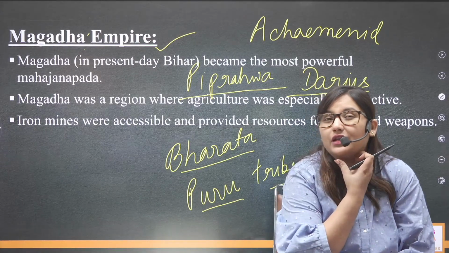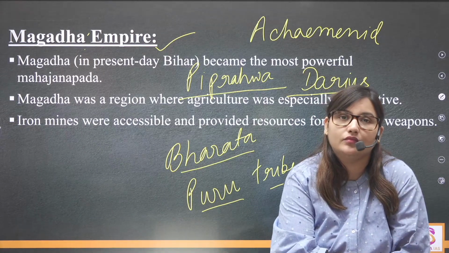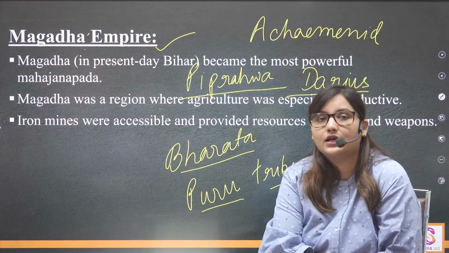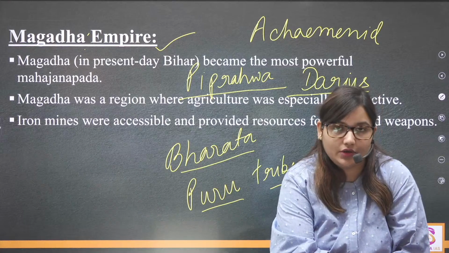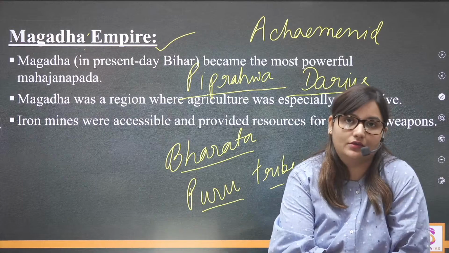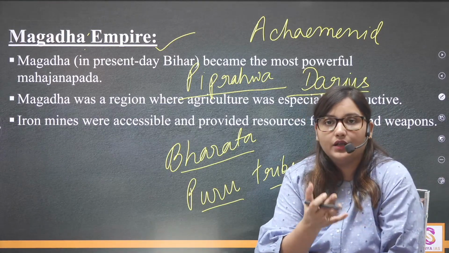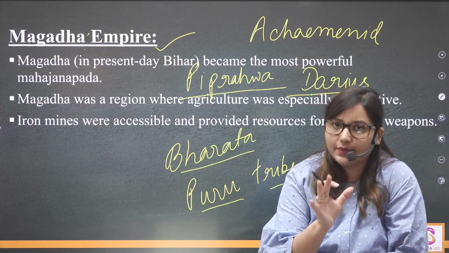It is very, very important for Jainas and Buddhists. Both Mahavira and Buddha had their last meal at Pava and Kushinara respectively. So in this place only they attained salvation. So this is very important, a place of salvation. Mahavira and Buddha had their last meal at Pava and Kushinara respectively.